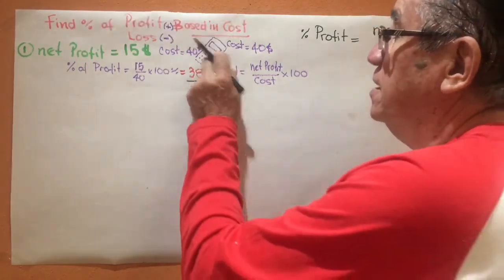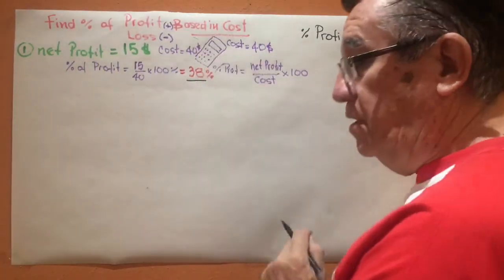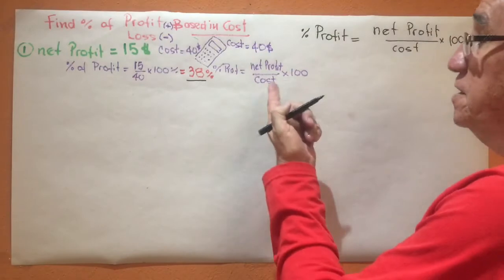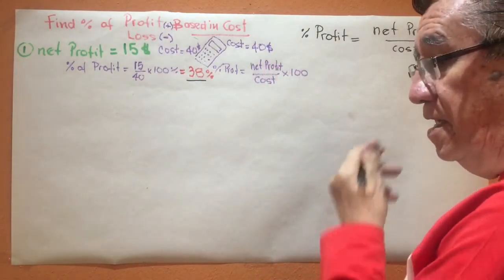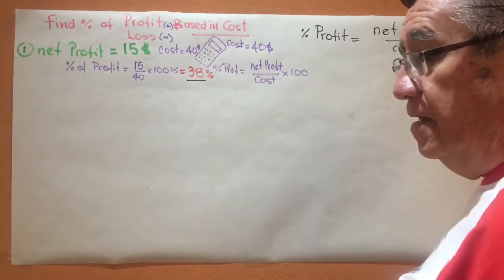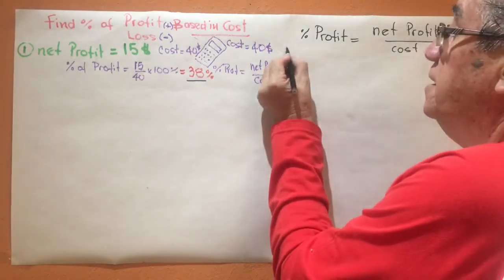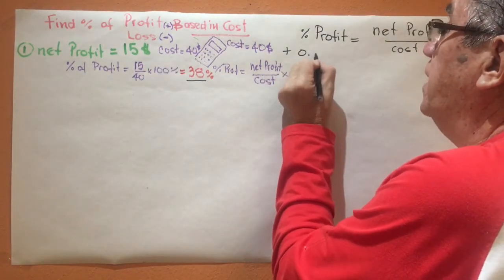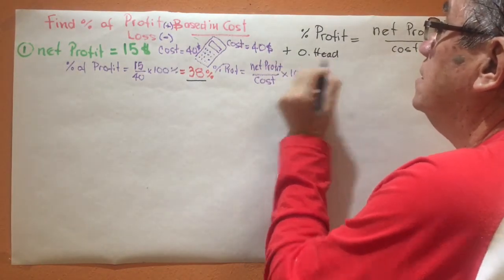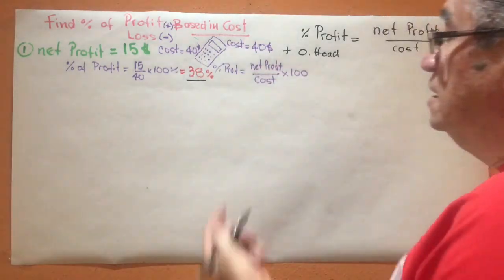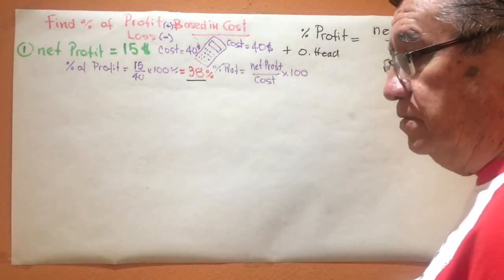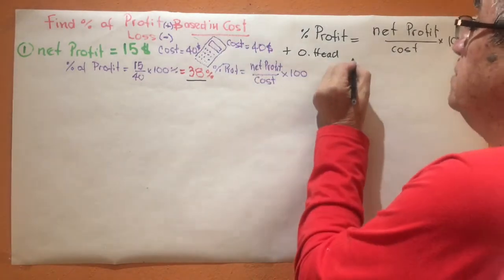Let's say that we have bought this calculator, whose price is $40, and I had to use an overhead. Let's see, for shipping these calculators, which I bought, cost me $5.